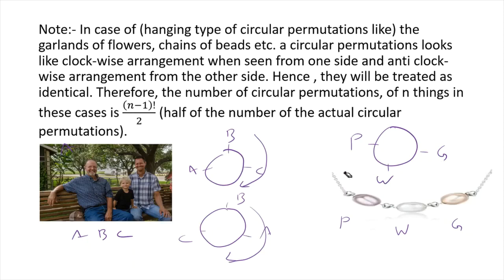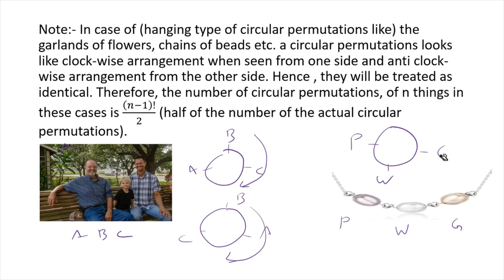The pink color will go to the right side. The white color will be at the bottom, in the middle. So what you have to observe here is that the gold color bead will come onto the chest side.